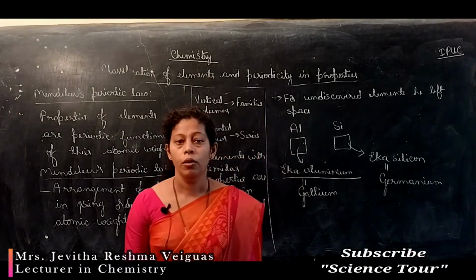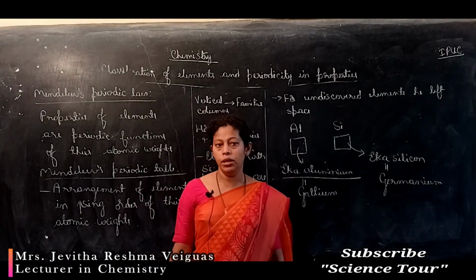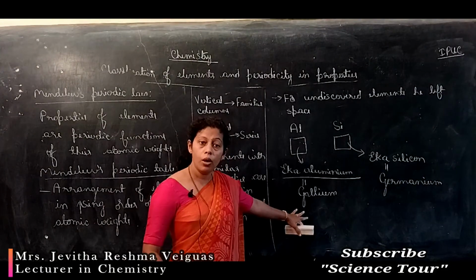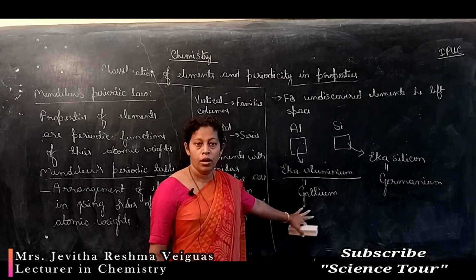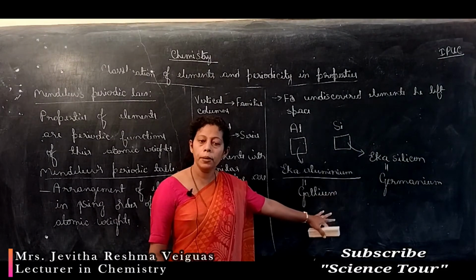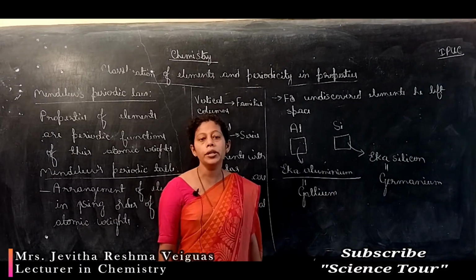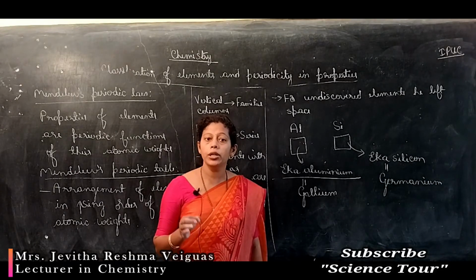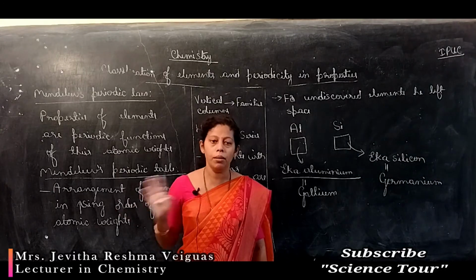When Mendeleev formulated the periodic table, 63 elements were present. Now there are 118 elements. And the periodic table we have now is not according to the increasing order of atomic weights. It is according to the increasing order of atomic numbers.